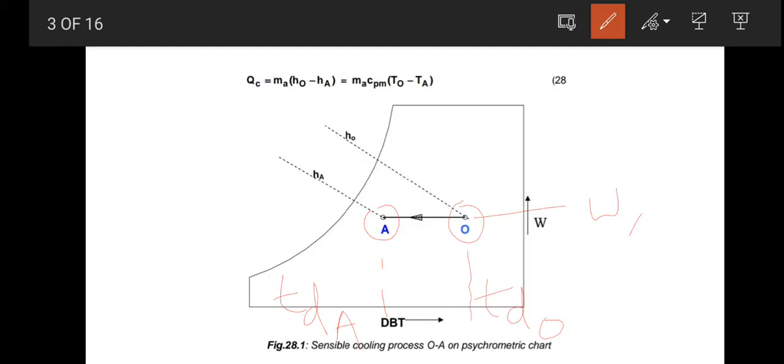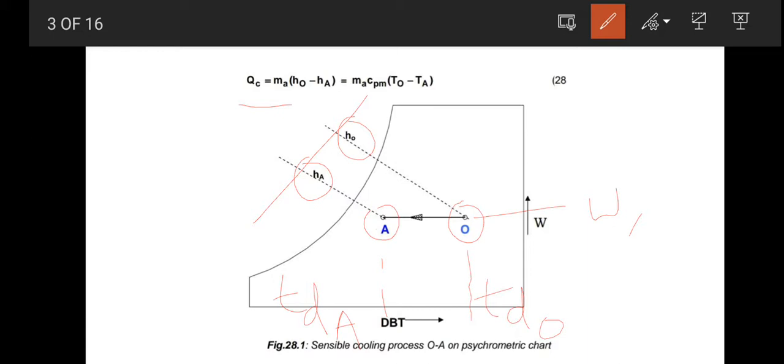Now if you see on the enthalpy scale, the enthalpy corresponding to point O is denoted by HO, and the enthalpy corresponding to point A is denoted by HA. The energy removed from the moist air is calculated using the formula QC equals MA times (HO minus HA).